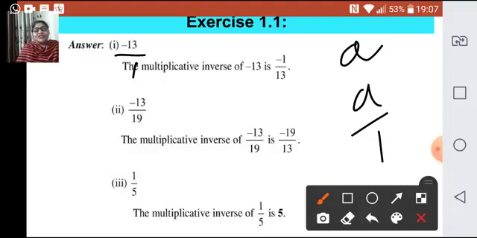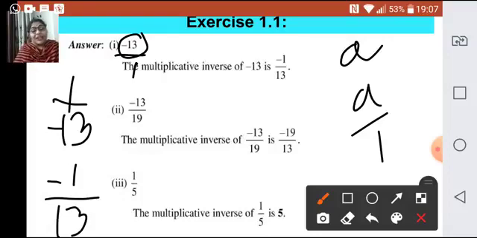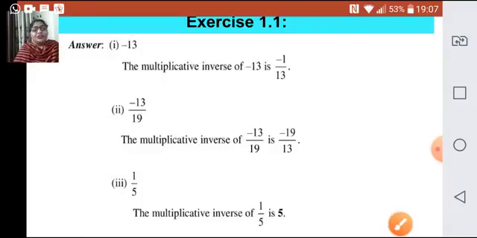So negative 13 upon 1. The numerator negative 13 will go to the denominator, and 1 will go to the numerator. So it will be 1 upon 13, but the negative sign we always give in the numerator in the standard rational number form. So negative 1 upon 13 is the answer.